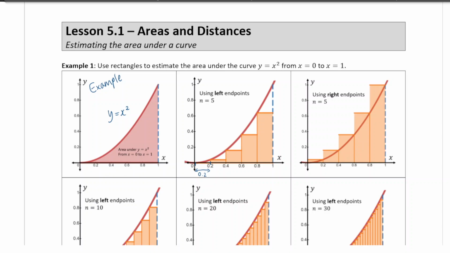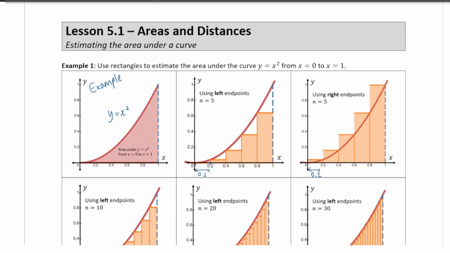Both of the examples you see there are using 5 segments, each with a width of 0.2. But for the one on the left, we're using the left endpoints of each of those segments to draw the height.